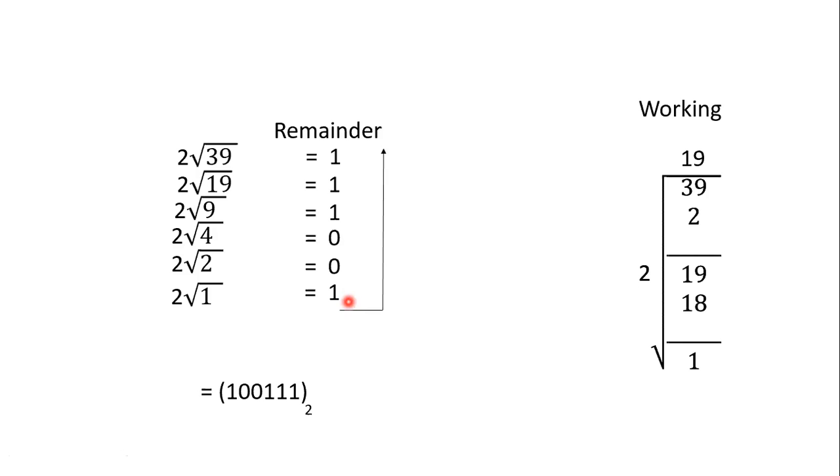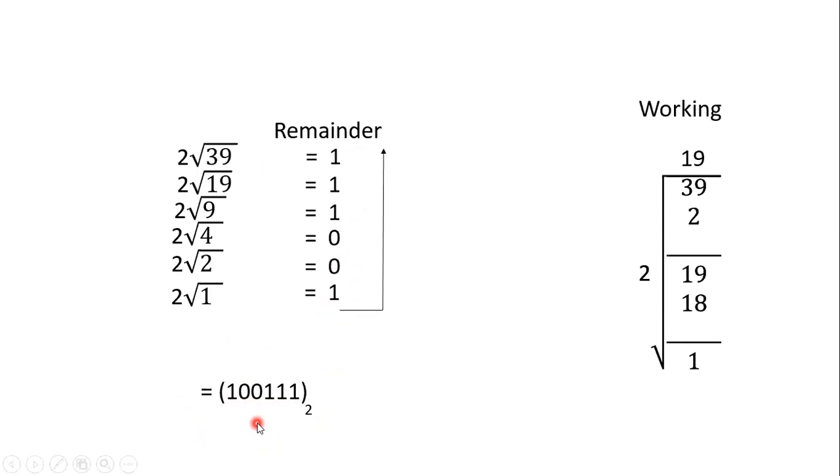Now as I told you before, we write the answer in this manner, starting from the last one and going backwards. The very first one over here, then 0, then 0 again, then 1, then 1, and this one. This is the conversion of this 39 into binary.